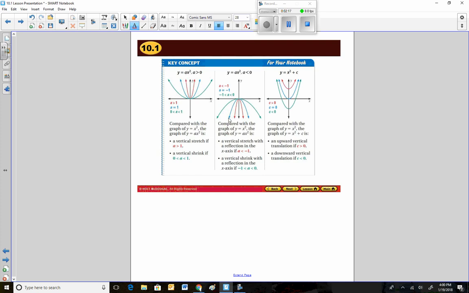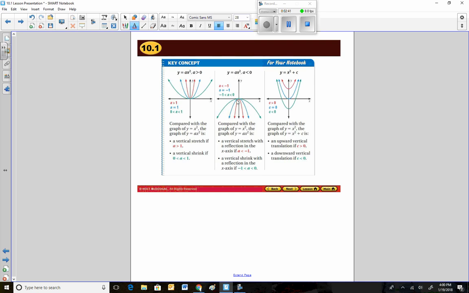Now, if the graph opens upside down, here the blue one is the parent function. A negative sign would appear, which would allow it to flip over the x-axis. If it's the red parabola, it would be like negative 4x squared or negative 3x squared.